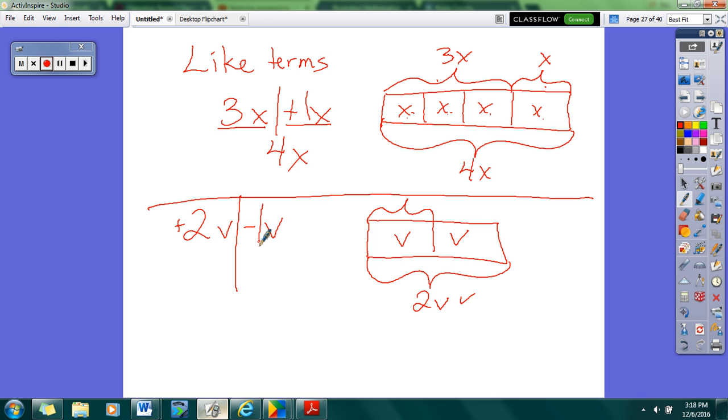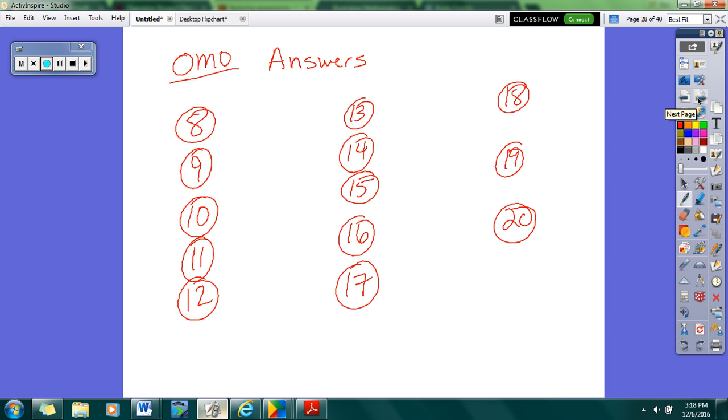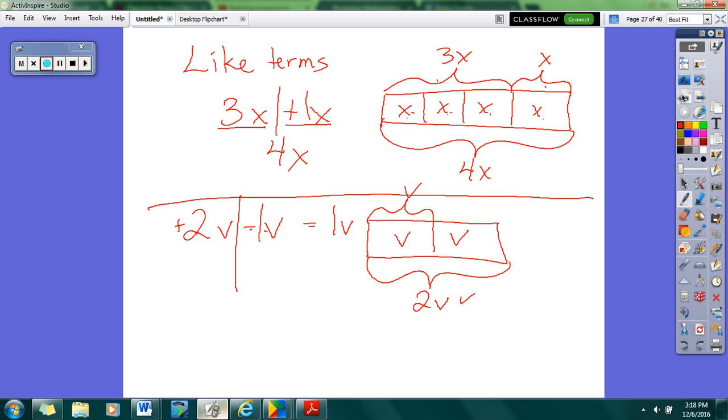That's going to leave me with 2 minus 1, which is going to be 1v or v. Okay? Hopefully that makes sense too. That's why we put the line in front of the operation.